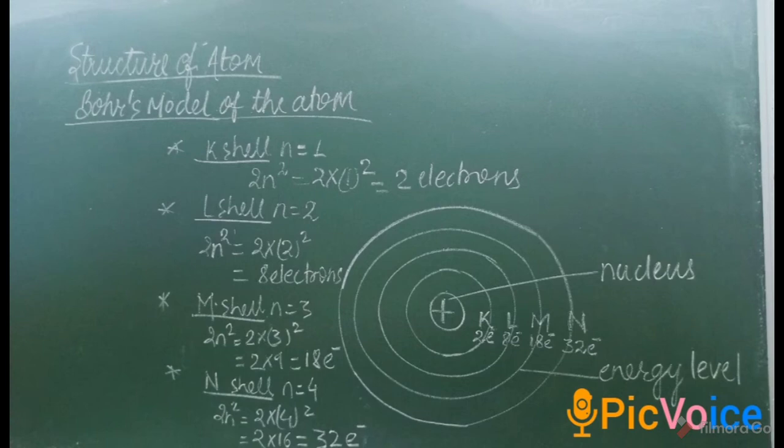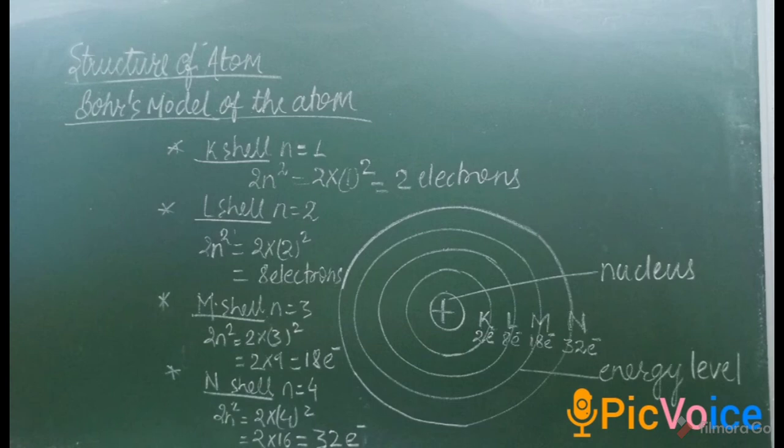So for the first energy level or K shell, where n is equal to 1, the maximum number of electrons is 2n², so 2 into 1² is equal to 2.